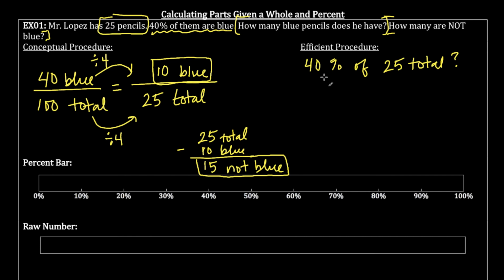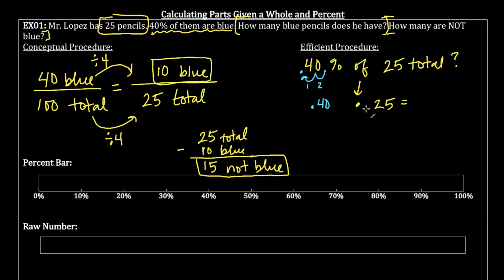Well, if we just put a decimal here, and the shortcut, remember, was to move it left twice. Then now we have 4 tenths or 40 hundredths times 25.